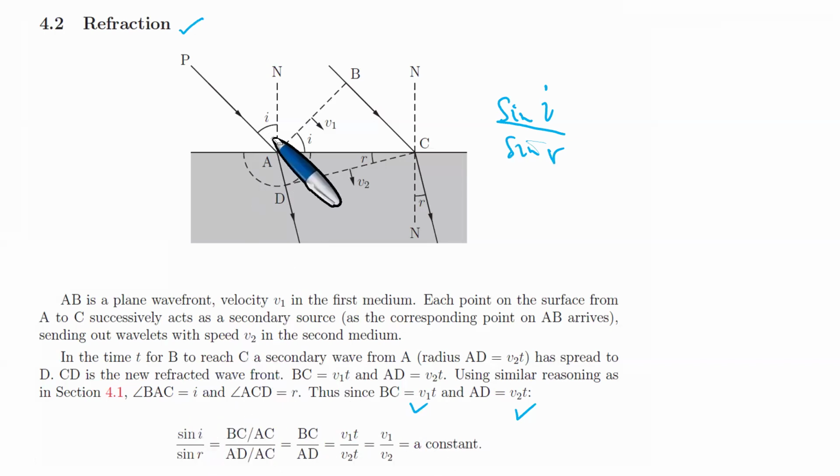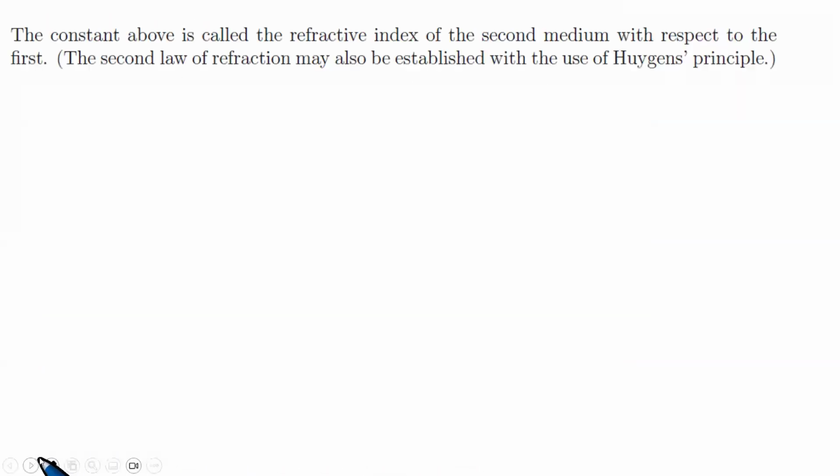So the sine of the angle of incidence divided by the sine of the angle of refraction is equal to V1, associated with the angle of incidence, over V2, associated with the angle of refraction, and this therefore equals a constant. Now the constant above is called the refractive index. It is termed the refractive index of the second medium with respect to the first.